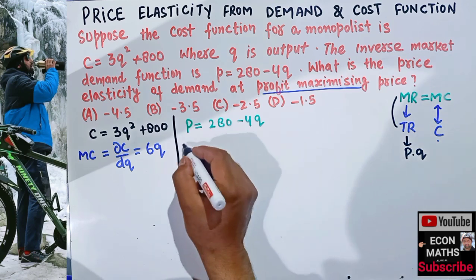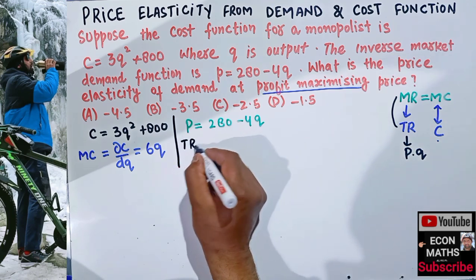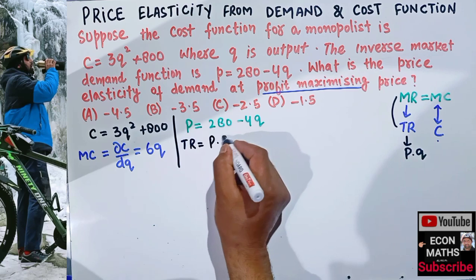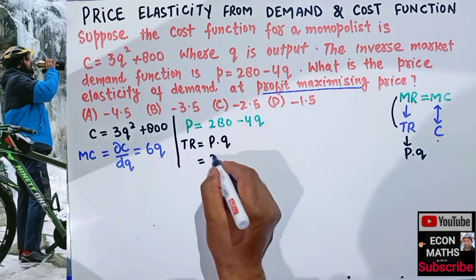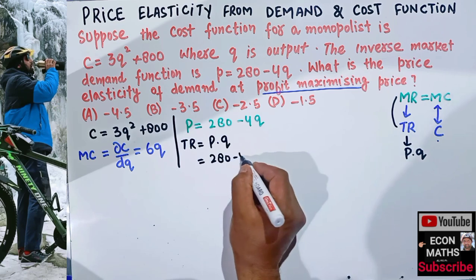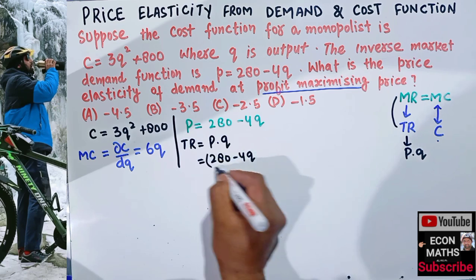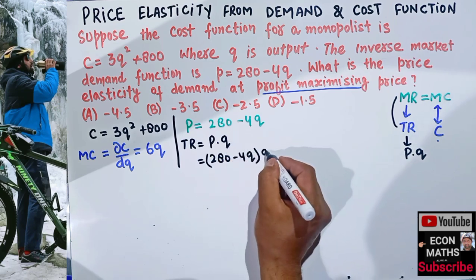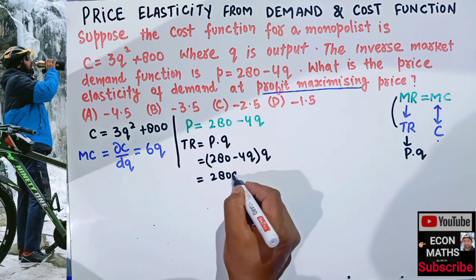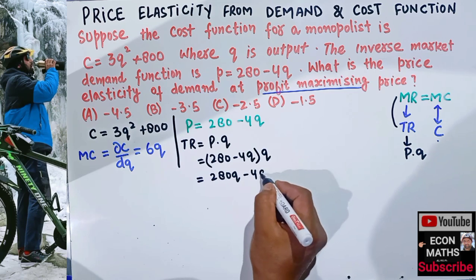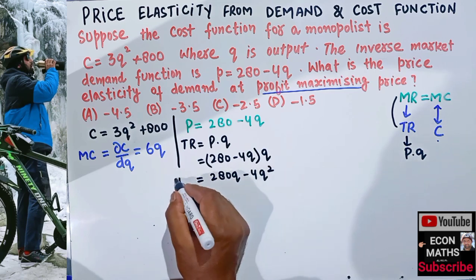From that we can find the total revenue. Total revenue is equal to price into output. In place of P I can write 280 - 4Q and multiply it with Q. This gives us the total revenue, which is 280Q - 4Q². This is our total revenue function.